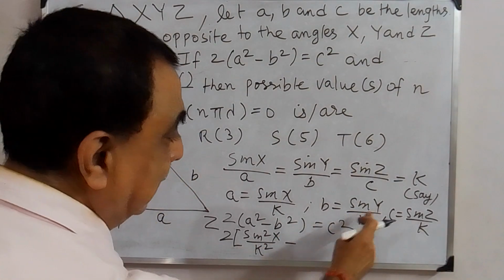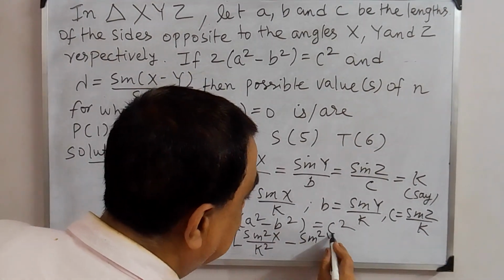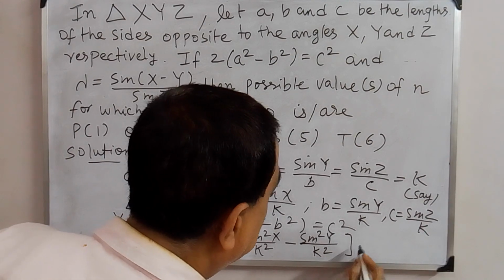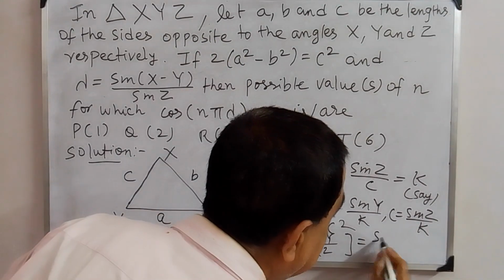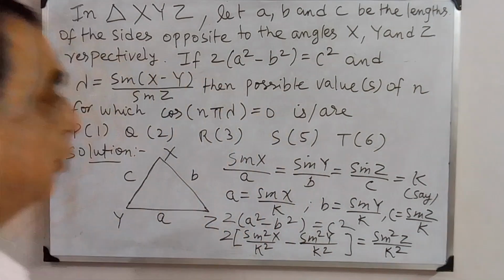And the b value is sine Y by k, so the square will be sine squared Y by k squared. That is equal to c squared. c squared will be sine squared Z by k squared.